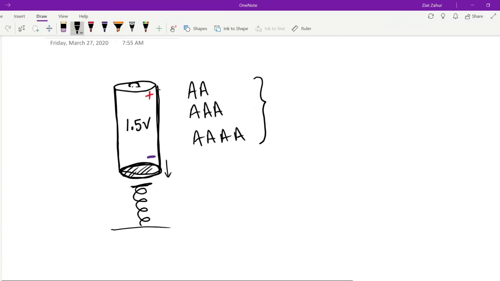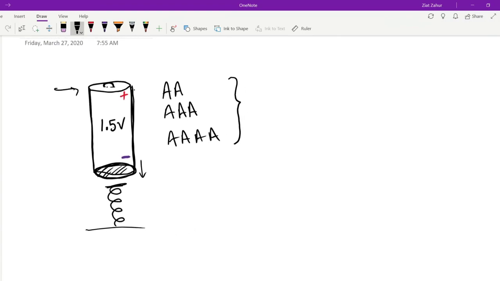That means there's a difference between the top side and the bottom side. If you measure this delta, this delta V from the top side to the bottom side is worth 1.5 volts. What does that actually mean?